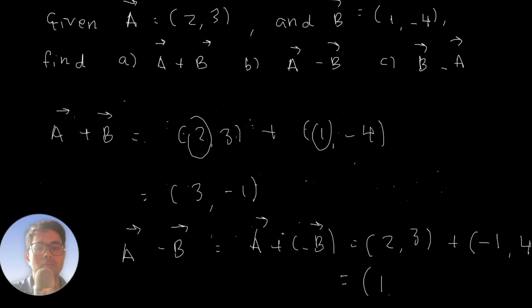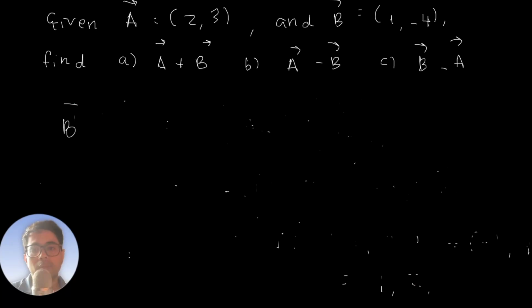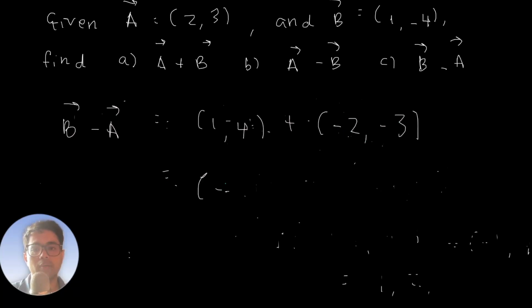This is equal to 1, 7. B minus A is 1, negative 4 plus minus A, which is minus 2 and minus 3. And this would be negative 1 and negative 7.